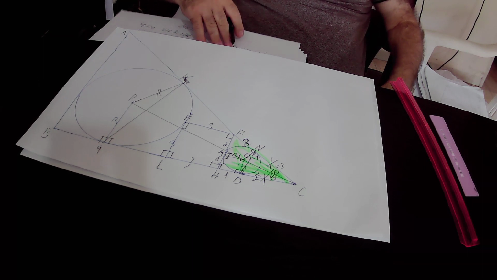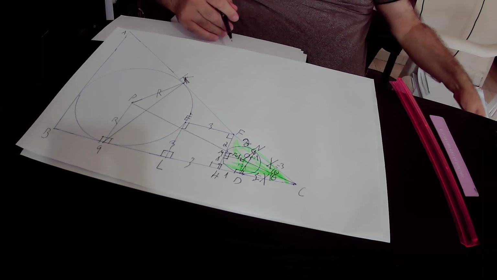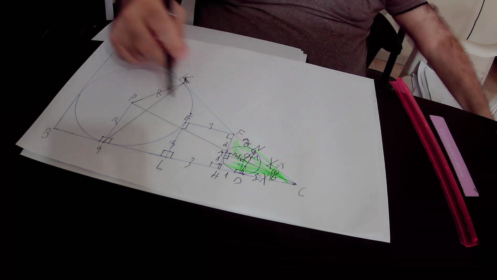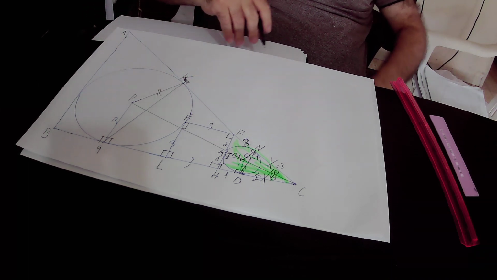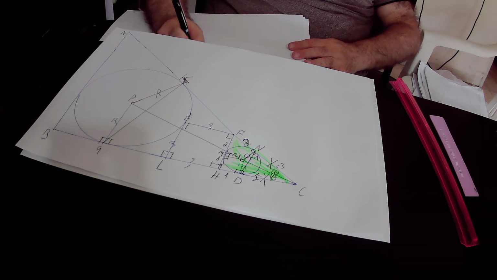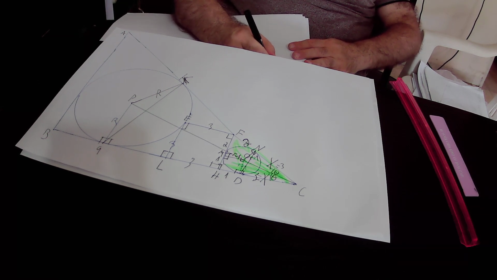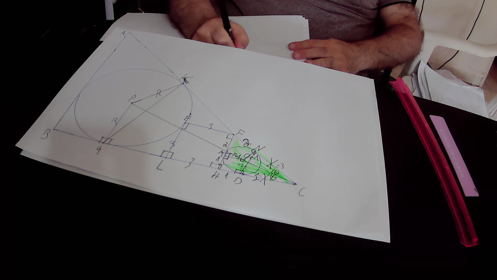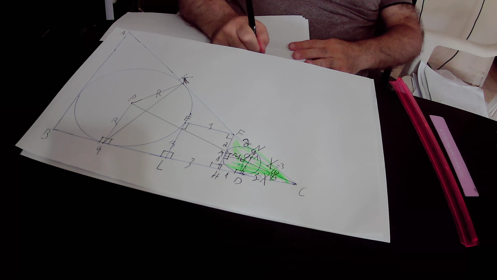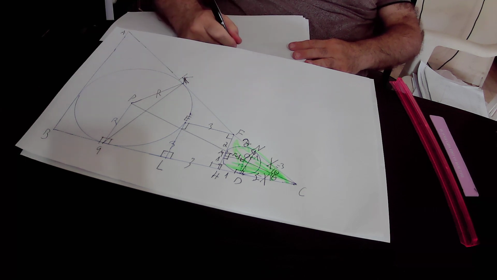And according to what we did until now, we can conclude that CP is also the angle bisector of angle C. So I write it down: CP is the angle bisector of angle C in triangle KQC.